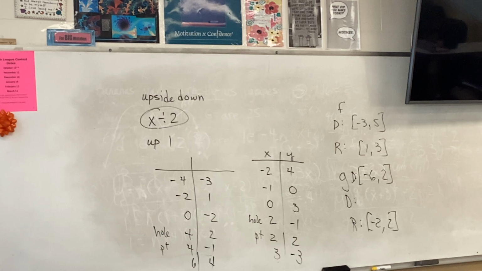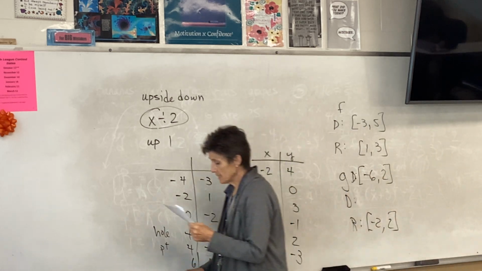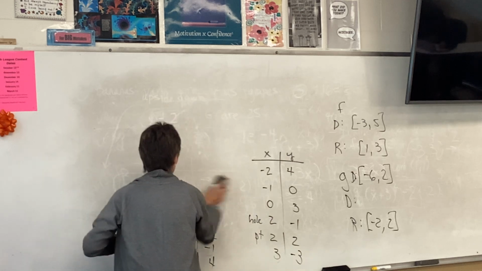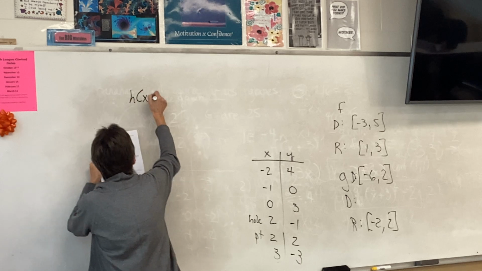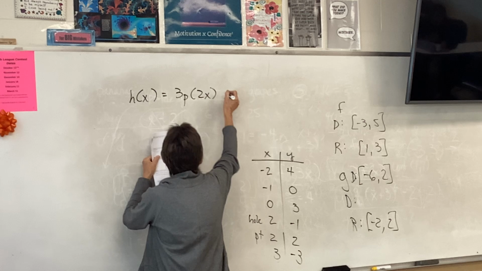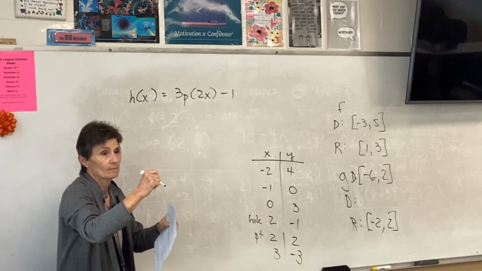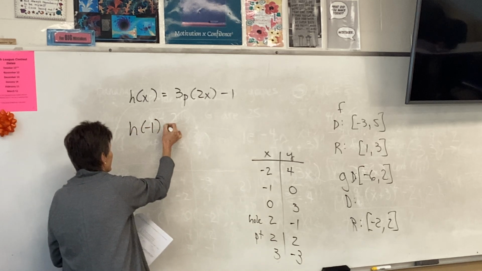All right, example 6. We've got some function values in the table, and we're going to find h of negative 1. Now, I know there's a ton of letters, there's h's, p's, x's, all this stuff, but guys, it is easy. It says find h of negative 1.